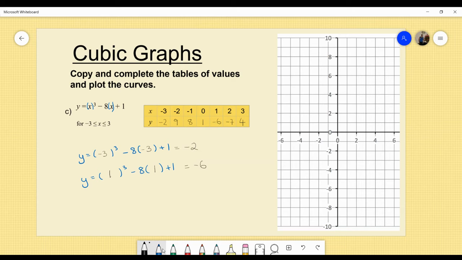And then I just, again, need to plot my points using a nice cross and showing nicely and clearly. So minus 3 on the x value and minus 2 on the y. Minus 2, 9, so we're going all the way up here. Minus 1, 8. 0, 1. 1, minus 6. 2, minus 7.